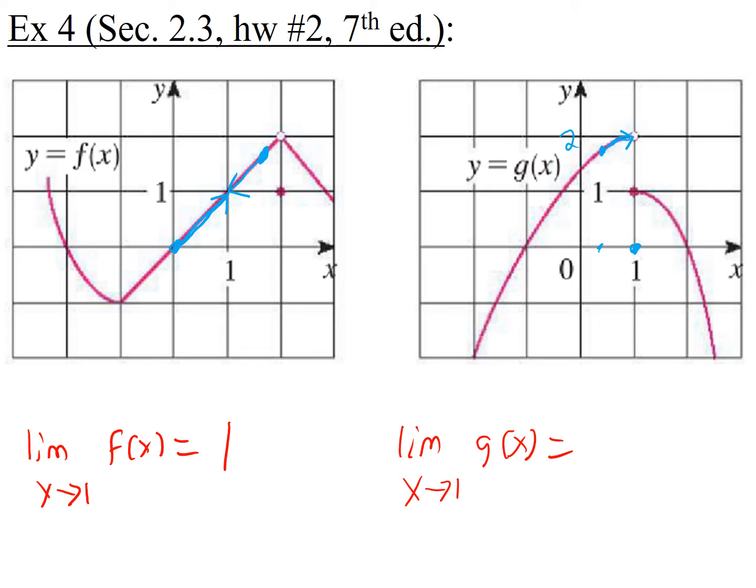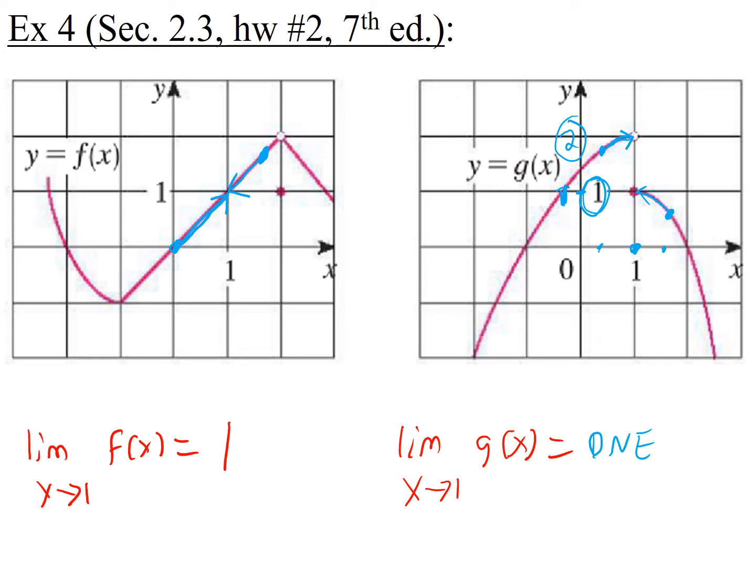If you start on the right of 1, so let's say we start over here, but on the graph, and you head towards x equal 1, that means we're going to be moving to the left, we head to this filled-in circle, and it looks like the right-hand limit is 1. So it looks like the left-hand limit is 2 and the right-hand limit is 1. So it means the full limit doesn't exist.